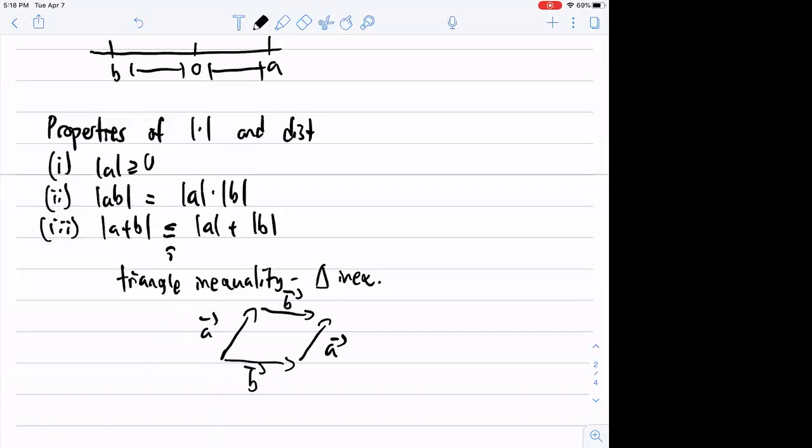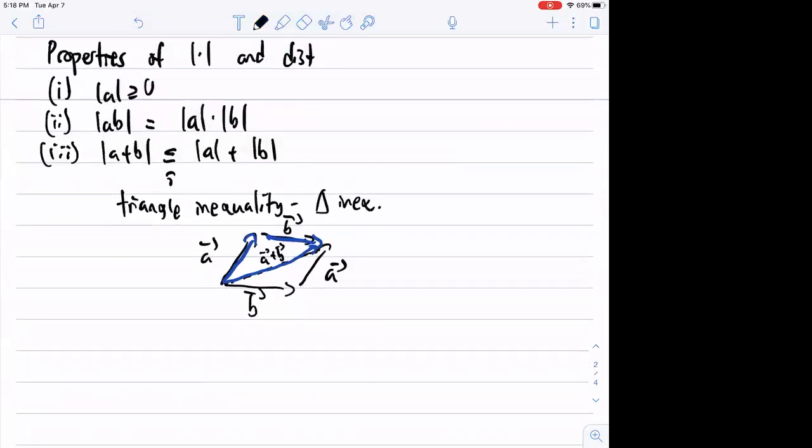Well, the sum is the diagonal of the parallelogram. This is A plus B, right? So if you think of the statement, it's basically saying two sides of the triangle is bigger than the third side, right? Because here you have a triangle, right here, right here, right here. So the triangle inequality is just using that statement that two sides of a triangle is bigger than the third.